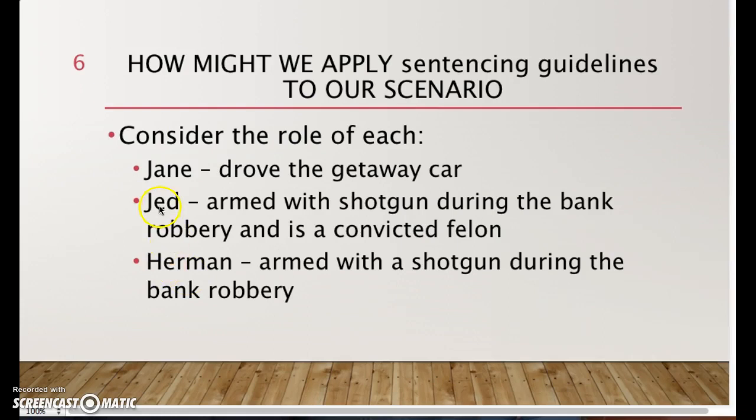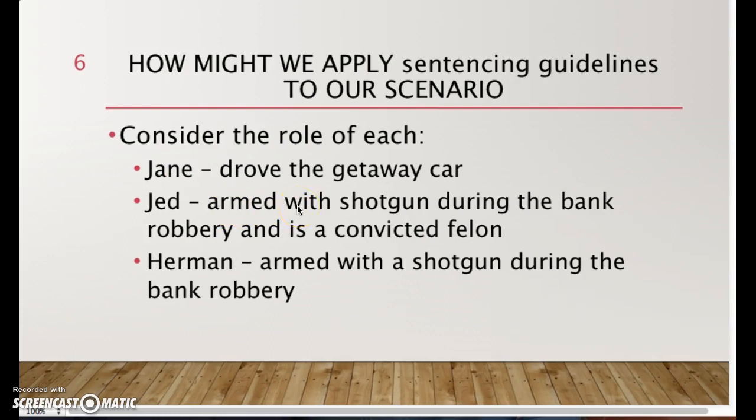So you would think that Jed would get the most punishment based on the sentencing guidelines because we're looking at his criminal history and the fact that it was a serious crime and he was armed with a gun, which could be a mandatory minimum. Herman, the same way, armed with a shotgun, could trigger a mandatory minimum, but he has no prior criminal history. Jane was not in the bank, or at least her actions within the bank might have been minimal.